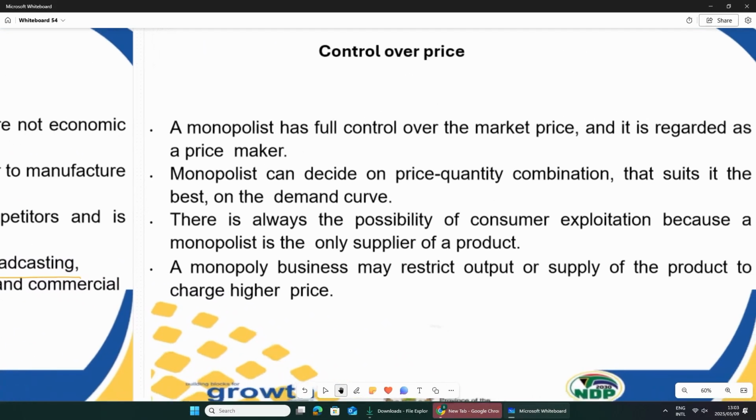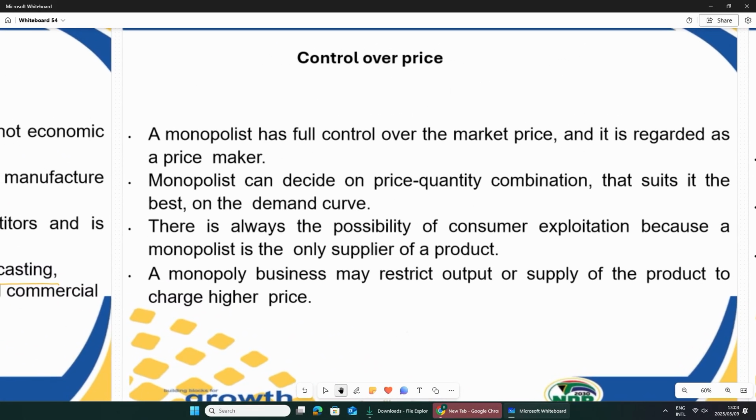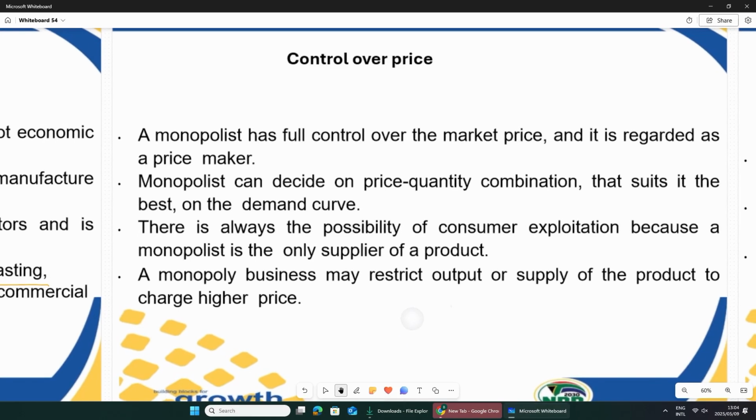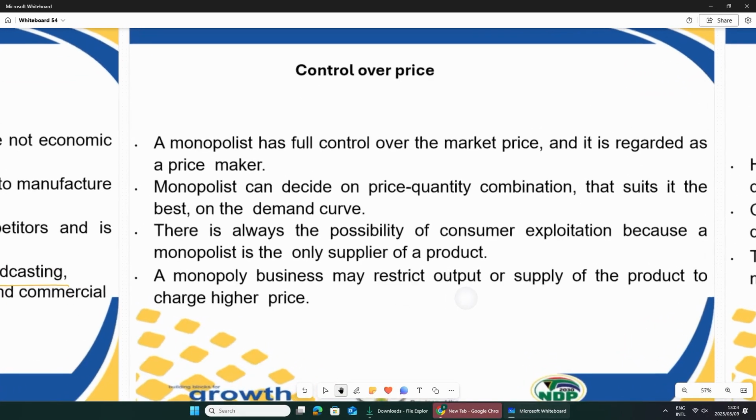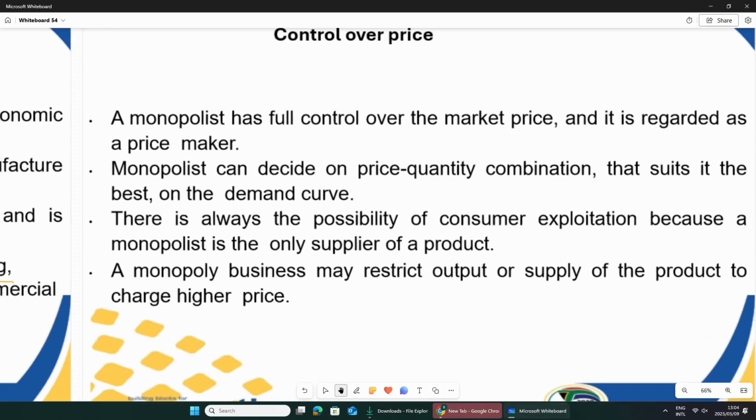Now let us move on to control over price. We want to check how much control a monopolist has on price. A monopolist has full control over price, which means that it can set its own price.